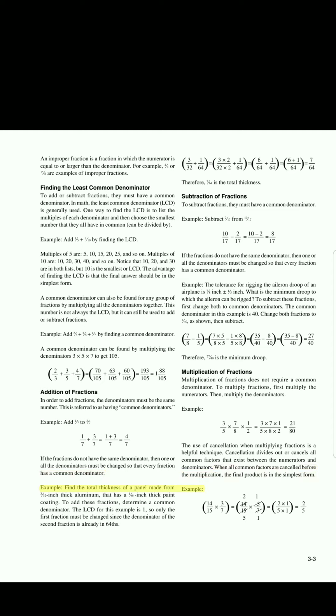Example. Find the total thickness of a panel made from 3/32 inch thick aluminum that has a 1/64 inch thick paint coating. To add these fractions, determine a common denominator. The LCD for this example is 64.